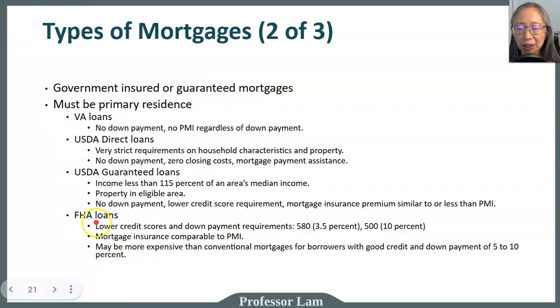One thing that is important to take into account is that FHA loans sometimes can actually be more expensive than conventional mortgages. However, it is a loan that is available to borrowers who do not have good credit or do not have enough down payment. So if you have good credit and you have a reasonable down payment of 5% or more, you may be better off going with a conventional mortgage.